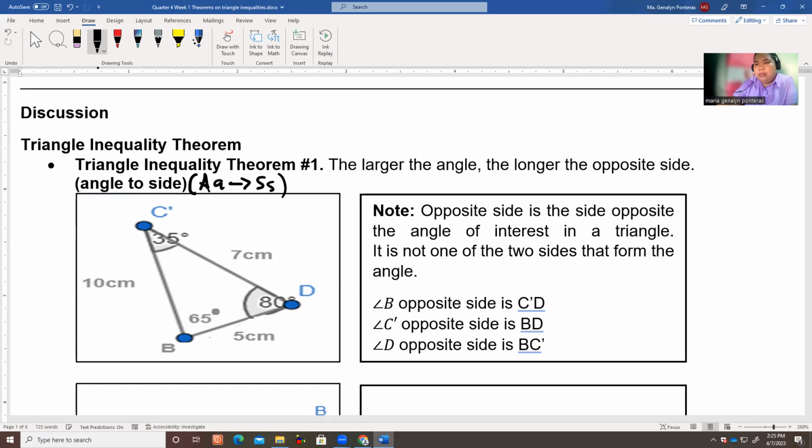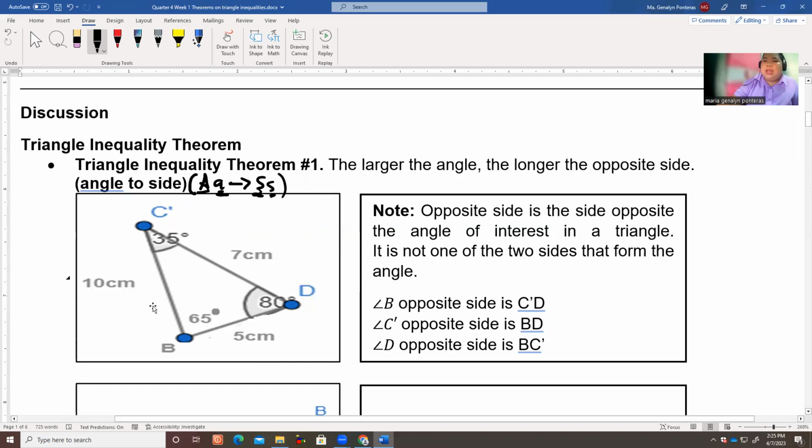A small angle implies a short opposite side. I have an example here. This triangle is constructed in GeoGebra geometry. I have an angle that measures 35 degrees for angle C, 80 degrees for angle D, and 65 degrees for the remaining angle.